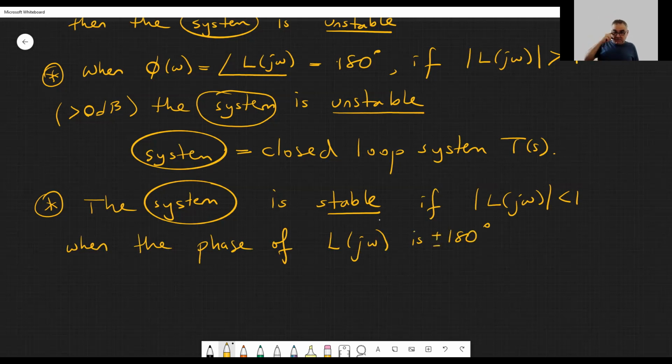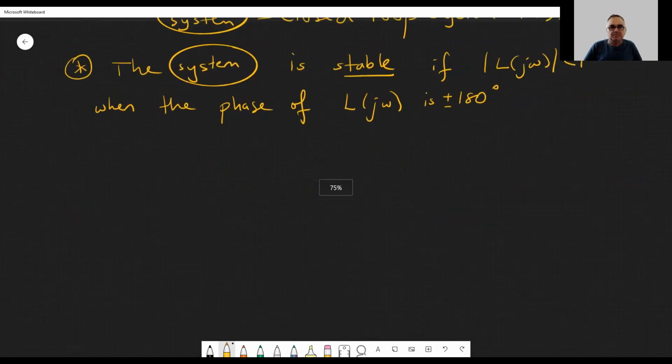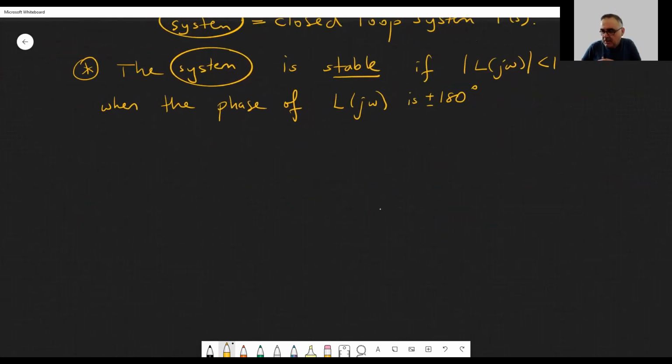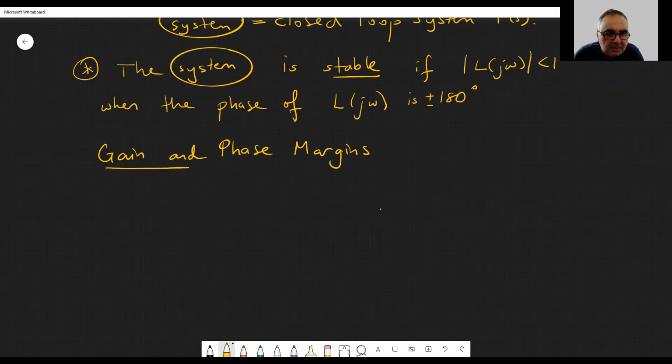Actually, it can be plus minus 180. So, as a measure of stability, we define the following measure of relative stability.